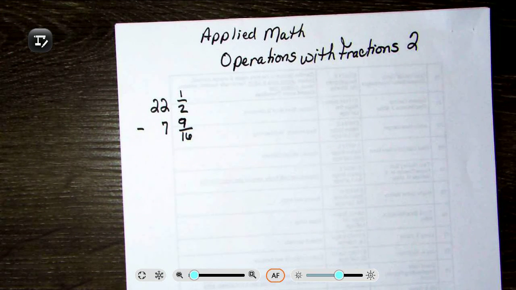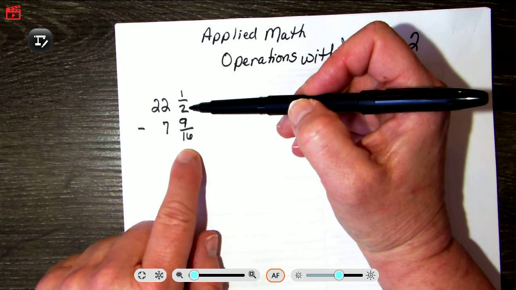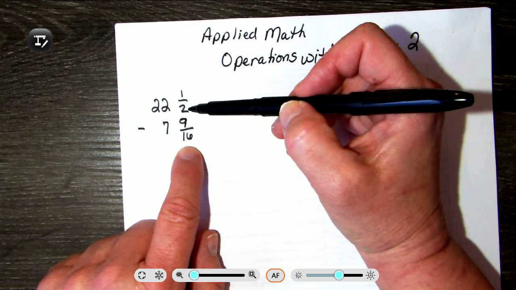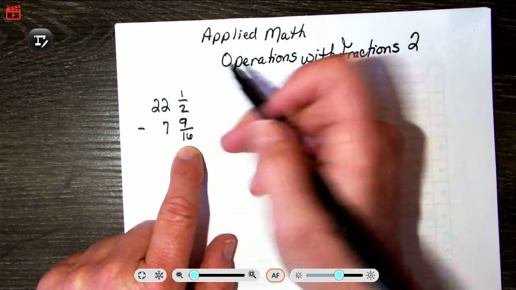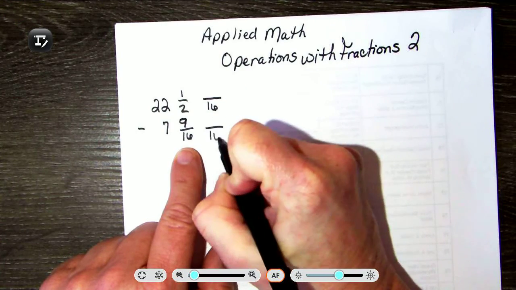Just like when we add or subtract, we're still going to need that common denominator. So I'm looking at the 2 and the 16, looking for a number that they both go into. In this case, 2 goes into 16, so that is going to be our common denominator.